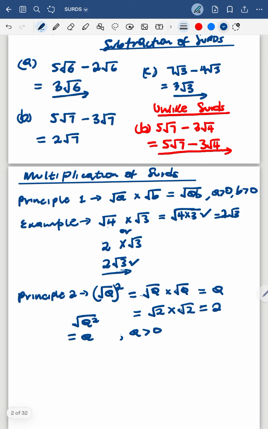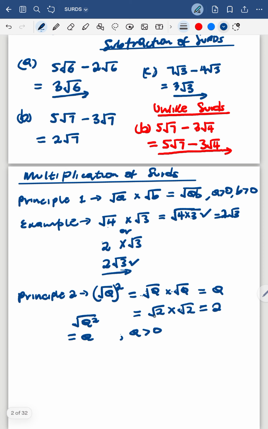Okay, this is what you should know here. This is the principle. So the principle says if you have a that is squared, if you want to remove the square root, just square it, then it's going to be removed. As you can see here, this root and this root, when they are multiplied together, they will be removed, leaving what is inside the square root.